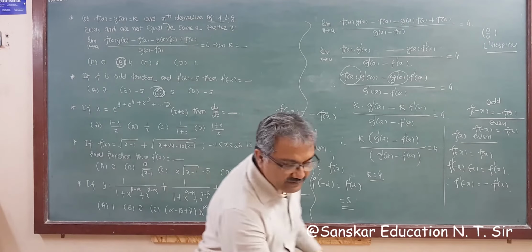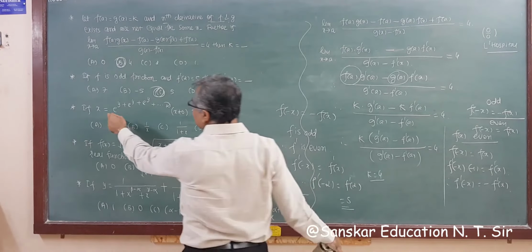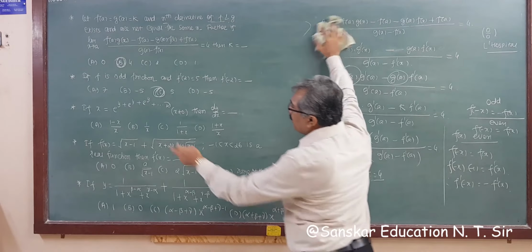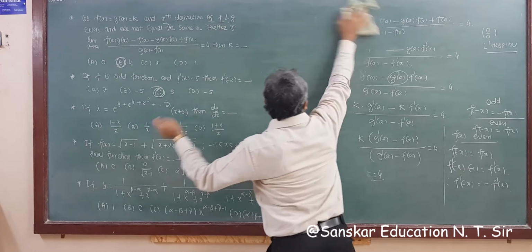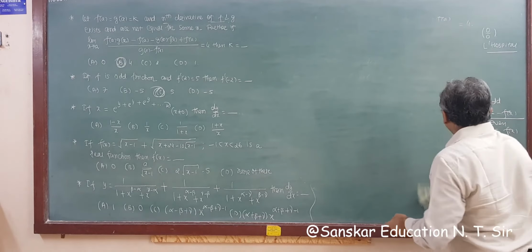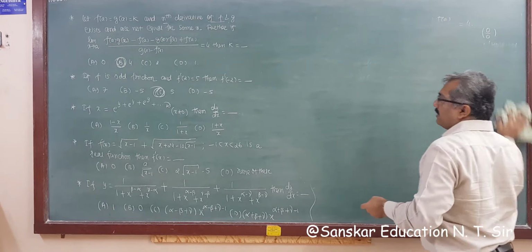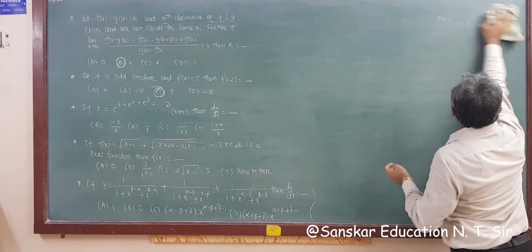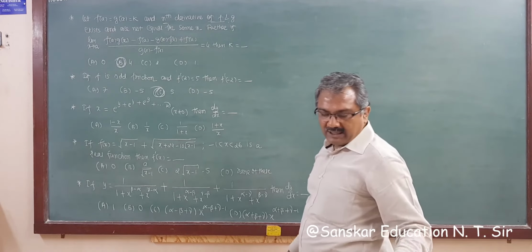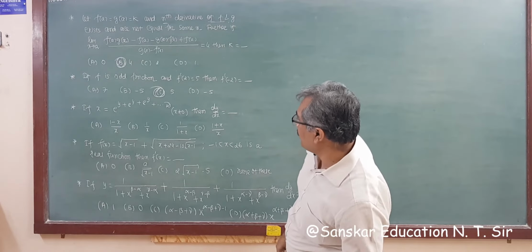Now the next question is: if x is equal to e raised to y plus e raised to y plus e raised to y up to infinite terms, then dy by dx is equal to blank, where x is not equal to 0.